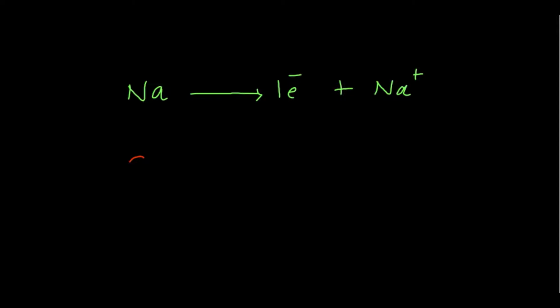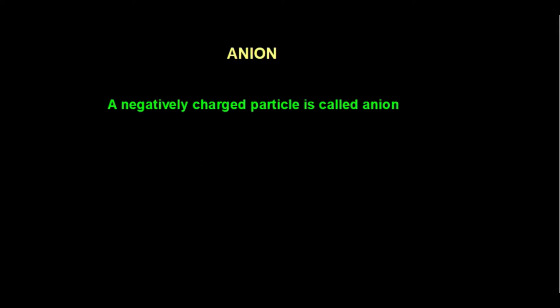Similarly, calcium in a chemical reaction changes to a calcium ion after the loss of 2 electrons. Since it loses 2 electrons, it will attain +2 charge. These are the examples of cations. I hope these are clear.